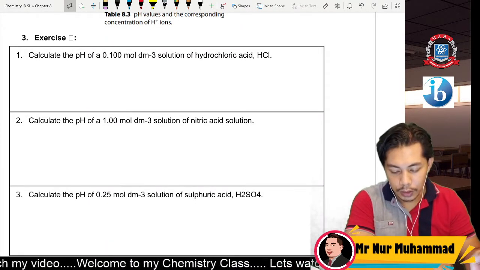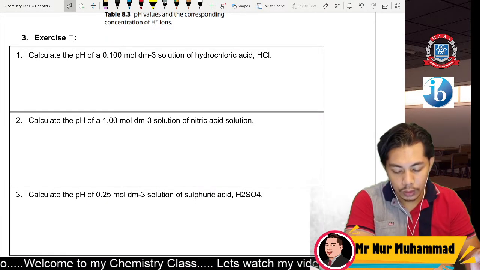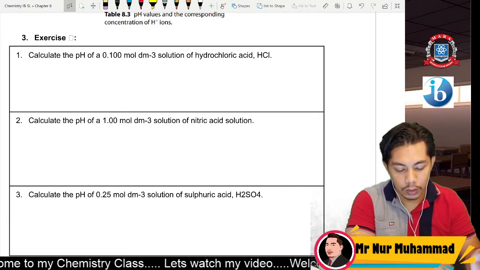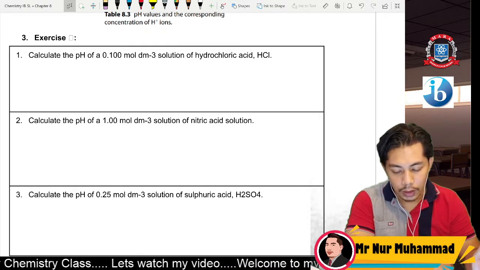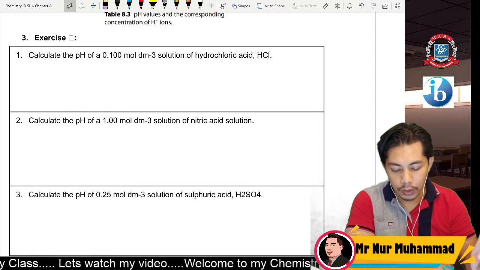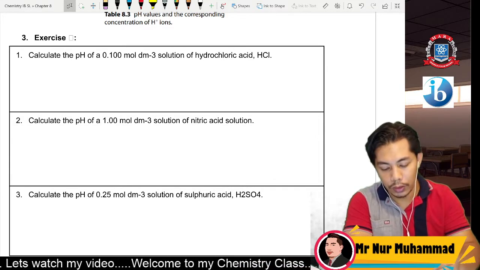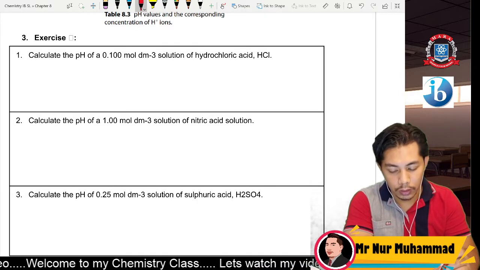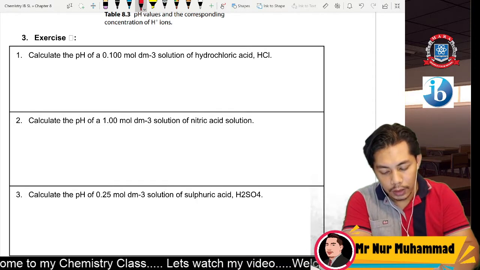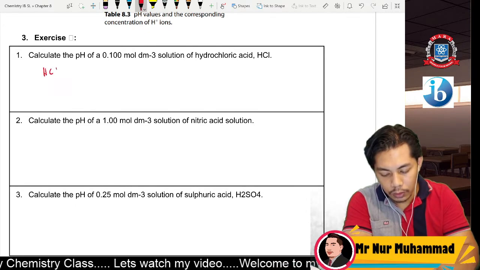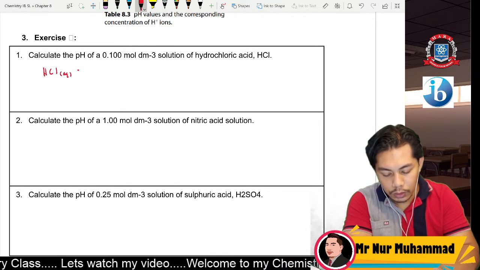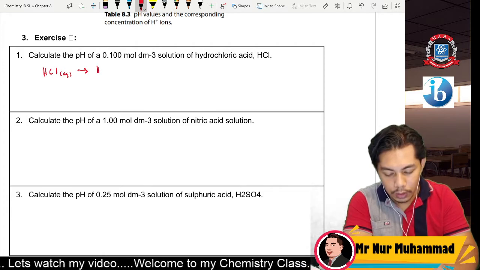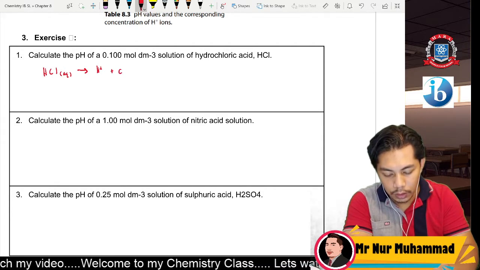Calculate the pH of 0.100 mole per decimeter cube solution of hydrochloric acid. We can calculate the pH if we know the concentration of hydrogen ion, so we use it directly. This is a strong acid, right? Strong acid in aqueous solution will ionize completely to produce hydrogen ion and chloride ion.